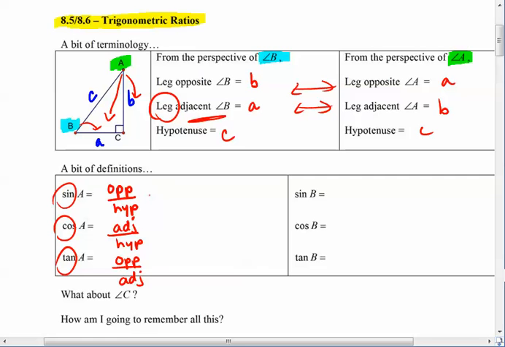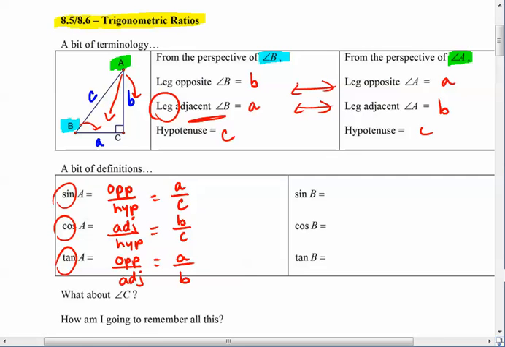Okay, so specifically for angle A, opposite angle A would be side A, and of course the hypotenuse is C. In the diagram above, adjacent to angle A is side B, and then the hypotenuse is C. And then opposite, we've already covered, is side A. Adjacent is side B.